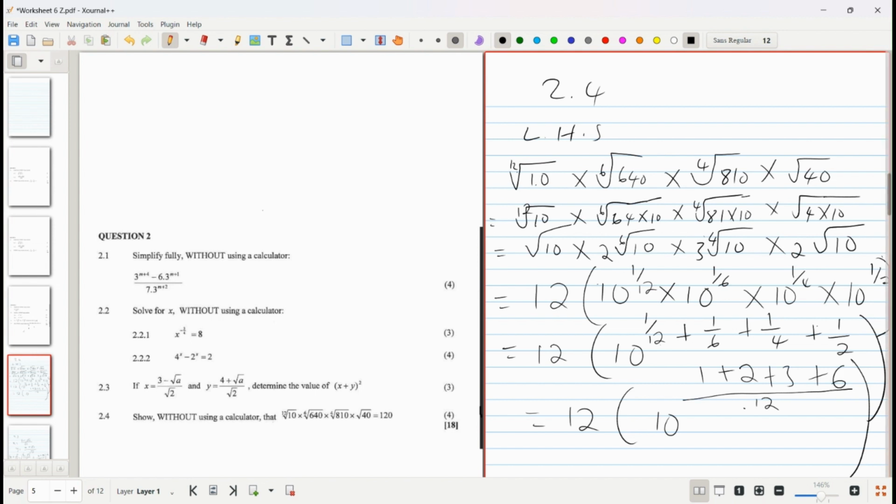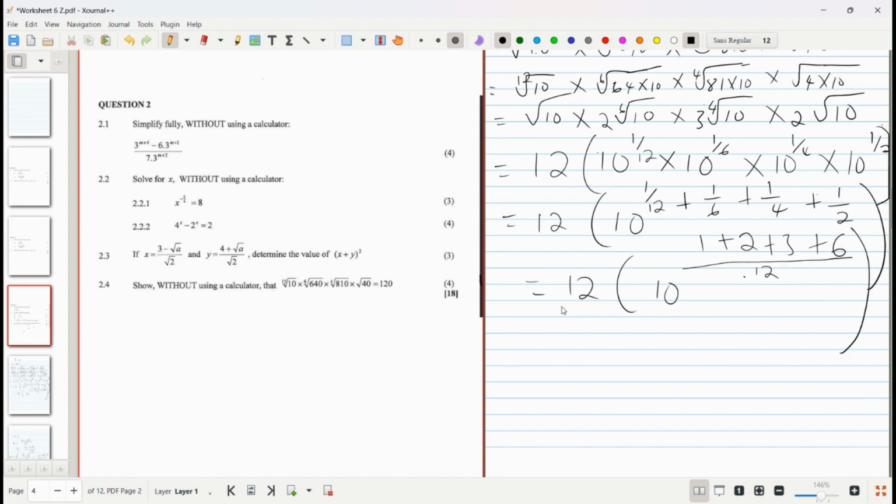And then what we need to do next is to add everything. So 1 plus 2 is 3. 3 plus 3 is 6. 6 plus 6 is 12, right? So we'll have 12 times 10 to the power 12 divided by 12, which is 1.